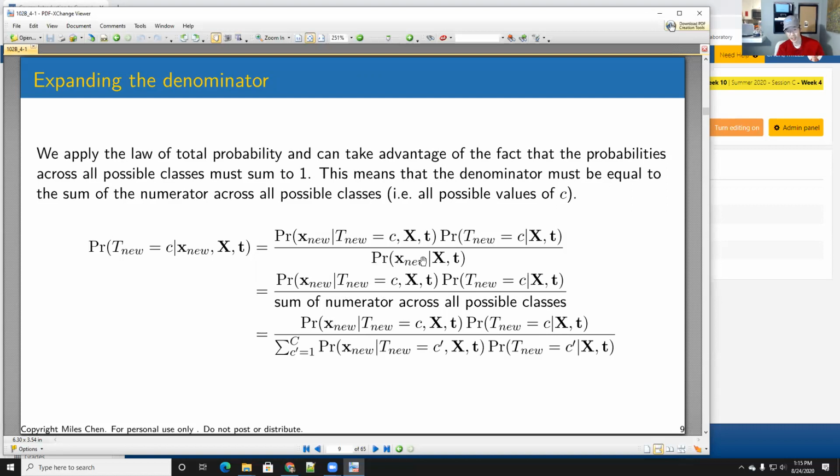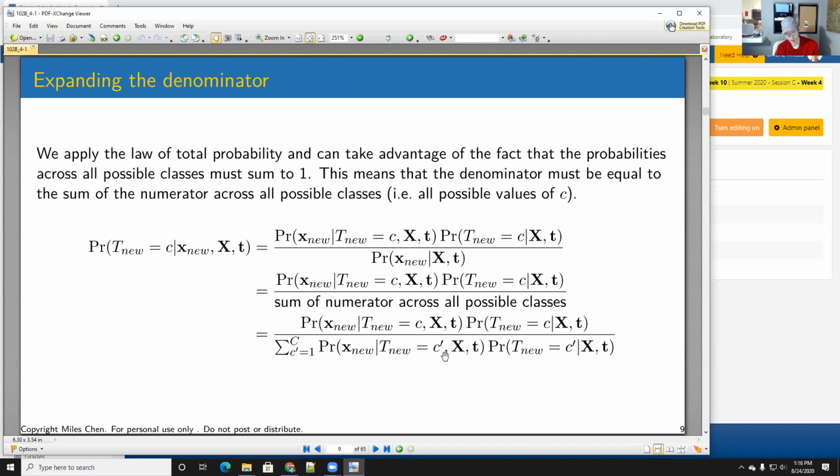So whatever classes you have, class A, B, and C, or whatever it is, this is going to equal the numerator summed across all possible classes. We're going to apply this from class 1, 2, 3, 4 up to letter C of just the numerator, okay?